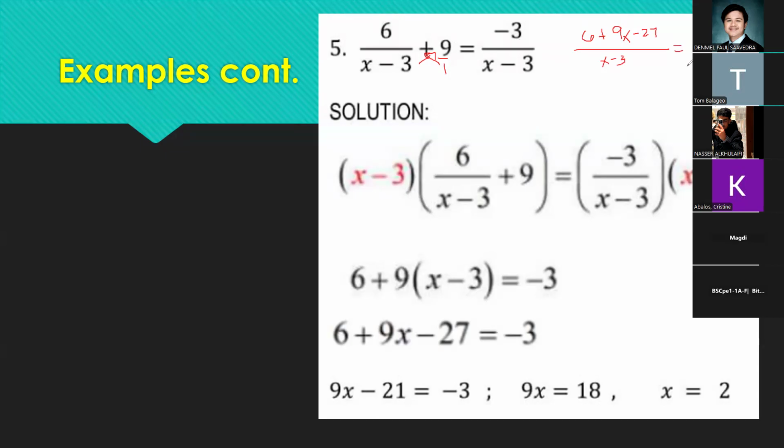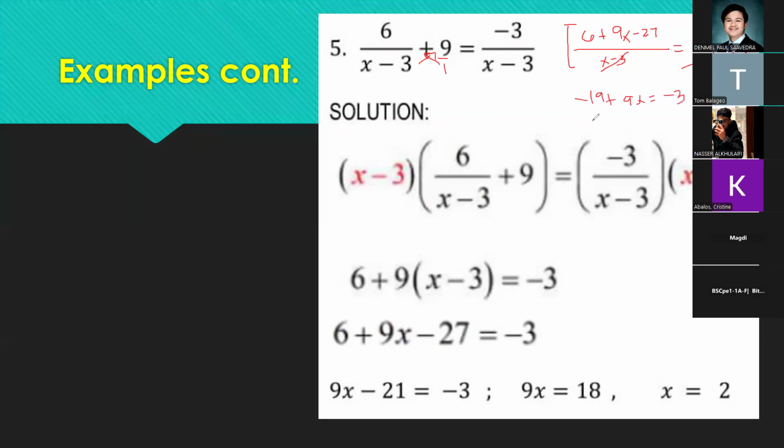So notice that we have the same denominator, just multiply x minus 3 on both sides, then it would cancel out our denominator. Okay, so retaining the 6 plus 9x minus 27. Before that, 6 minus 27 is negative 19 plus 9x is equals to negative 3.